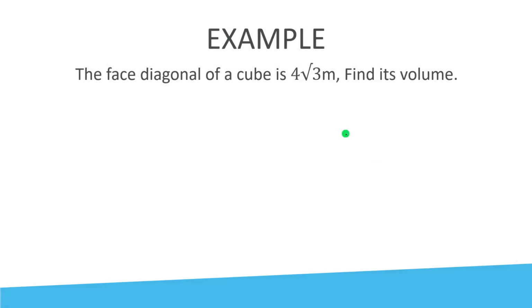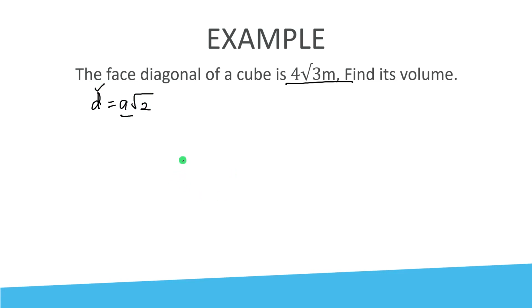Another example: the face diagonal of a cube is 4 the square root of 3. Find its volume. So given here, the face diagonal D. Recalling the formula for the face diagonal, which is A the square root of 2. Given the face diagonal, we'll be able to determine the length of side of the cube.